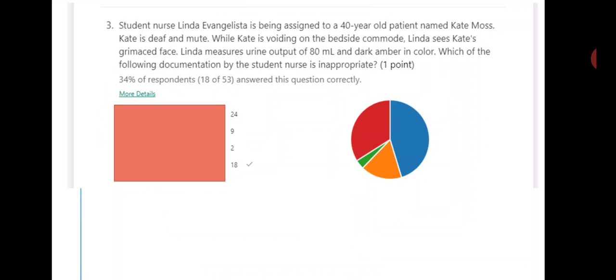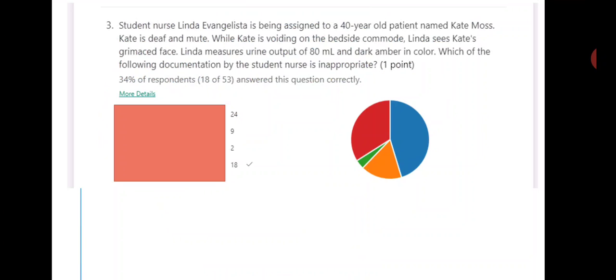The question was to identify which of the following documentation by the student nurse is inappropriate, or which data should not be included. As you can see, the correct answer is actually the last option, which we will know later on.